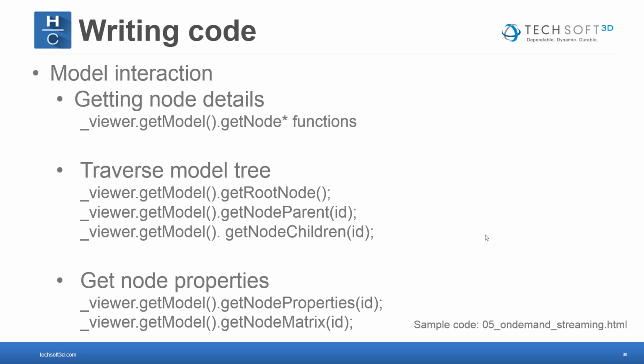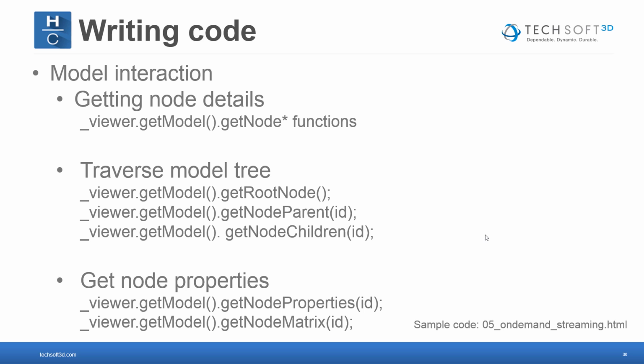We can also, a couple other ones that aren't listed here that are going to be important for you. You can also get the node's name, which you obviously want if you're going to build up this tree, but also you can get the node's type. So some of the node types that we have are instances, or bodies, or assembly nodes. So any type of information that you can get from the node, we have a corresponding method.